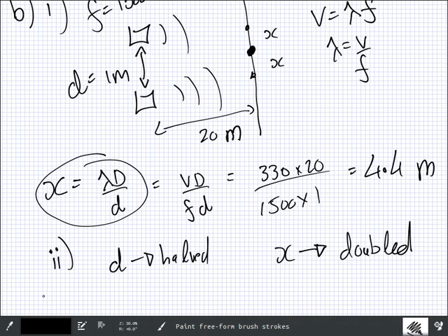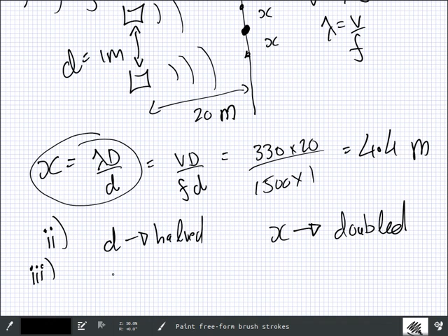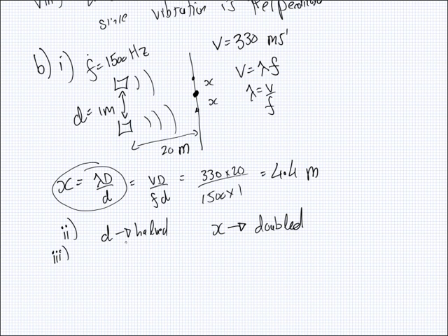Right, part 3. Next. The speakers are at a separation of 0.5 meters. Determine the frequency required for the loud spot pattern to be returned to its original separation. Look, if this d has halved, what must we do to the f to keep everything the same?